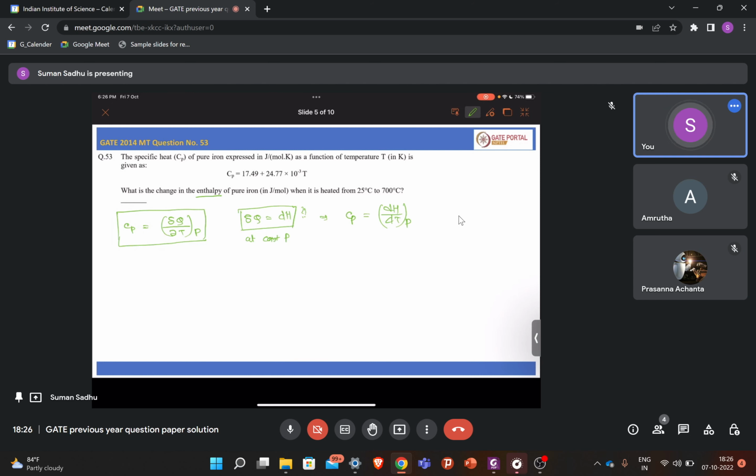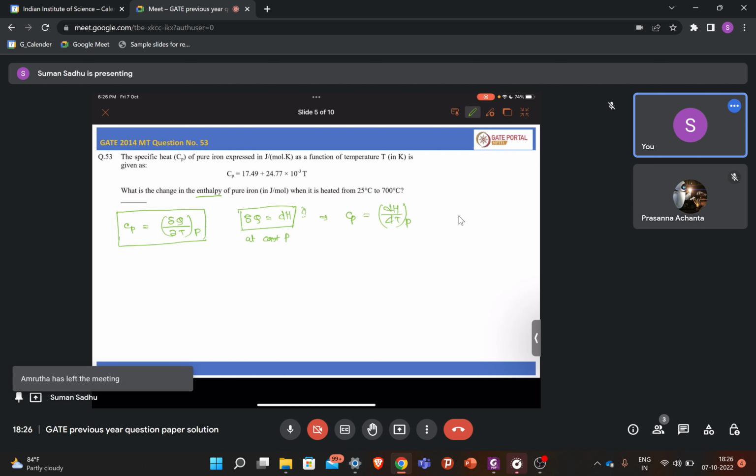Systems will always have some amount of internal energy. The change of the internal energy may be zero during different processes, but the total internal energy of a system will always be positive. A system always has some amount of internal energy. Okay, do you know the first law of thermodynamics in mathematical form? Can you just express it?